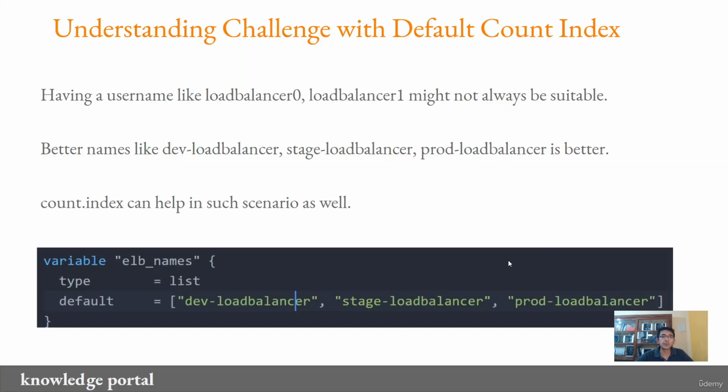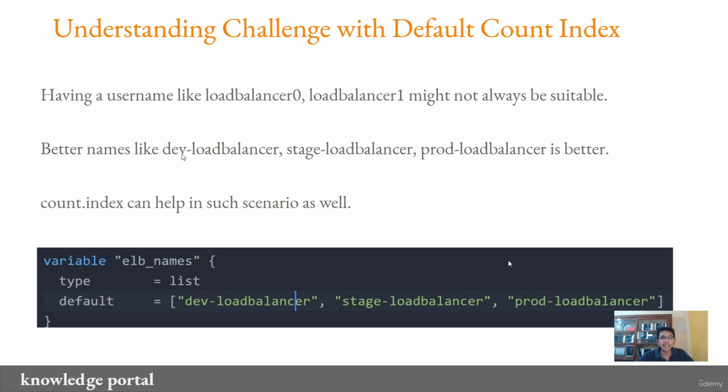So now let's move one step further and understand the challenge whenever you are making use of a default count.index. Having a username like load balancer 0, load balancer 1 might not always be suitable. It becomes really difficult to understand what is the purpose of load balancer 0, load balancer 1 and so on.